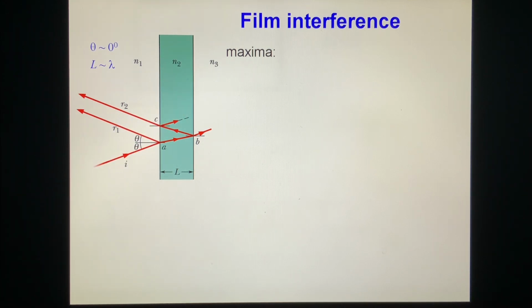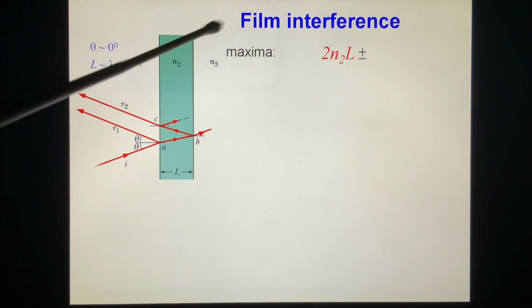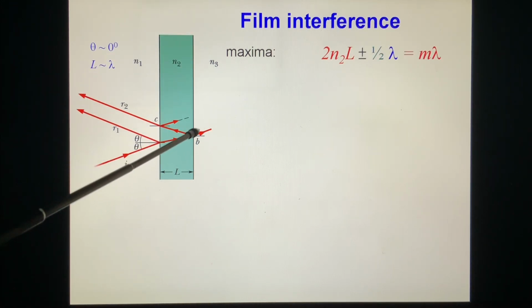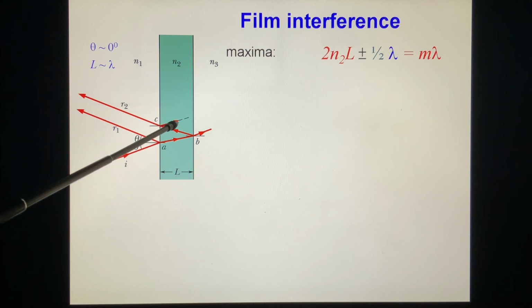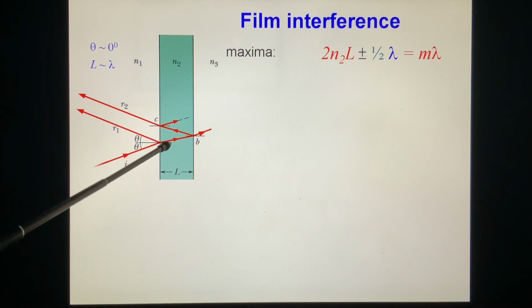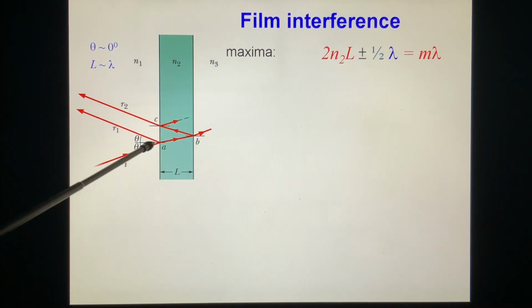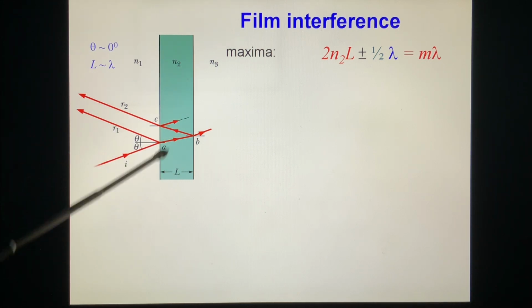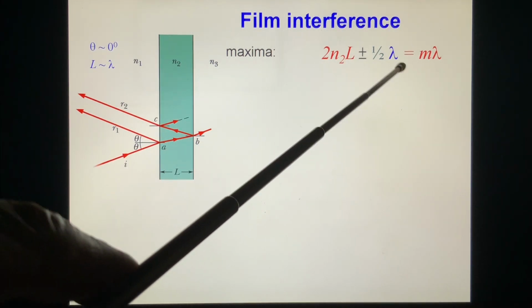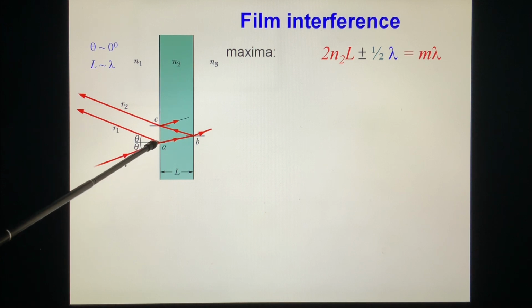In this case, we will see that of the two rays, one of them has a reflection phase change, half lambda. So the path difference is 2L, equivalent to 2nL in vacuum. And one of them, you have a phase change, half lambda, either here or here. Okay? It depends on the situation.